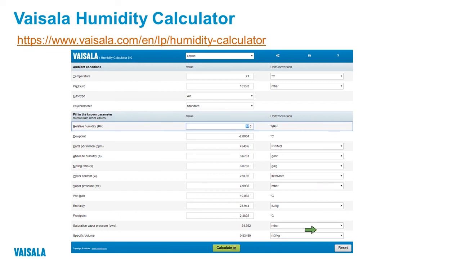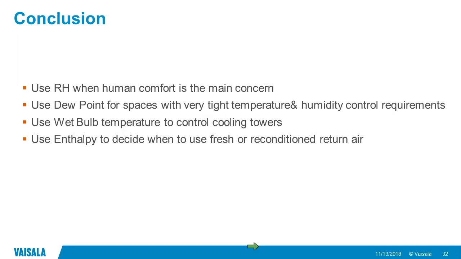All right, we're nearing the end of the presentation. As a conclusion, parameter-wise, if you're mainly interested just in human comfort, usually relative humidity is a good choice. If you're trying to achieve very tight control for both temperature and humidity, probably you should think about dew point as a control parameter.